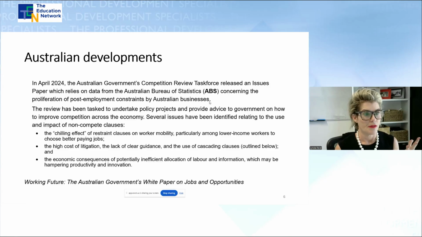Now, the issues paper in Australia similarly is focused on employment clauses or labour mobility rather than looking at restraints in the context of a business sale or a business transaction more generally.